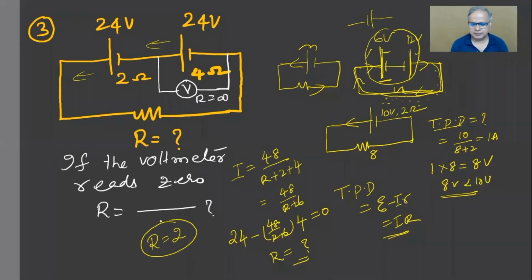Sir, when we have cells of two different EMFs, then current will be in one direction, because ultimately the current is produced due to the motion of electrons inside the conductor wires, in the resistances.